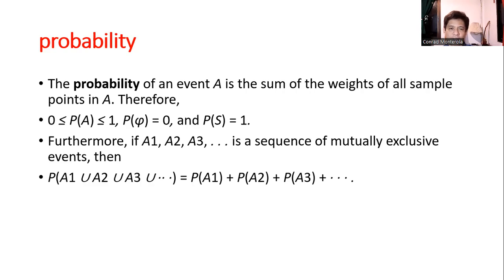For a null set, the probability is equal to 0. And the probability that one of the elements of the sample set will occur is equal to 1. Furthermore, if A1, A2, A3, and so on is a sequence of mutually exclusive events, then the probability of A1 union A2 union A3, and so on would be equal to probability of A1 plus probability of A2 plus probability of A3, and so on.